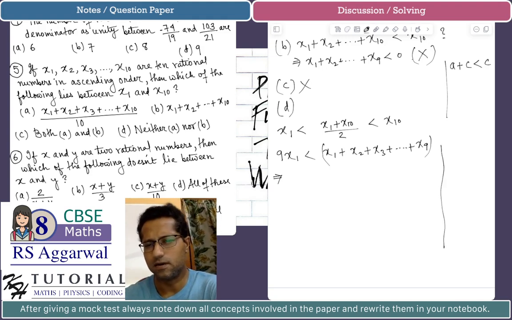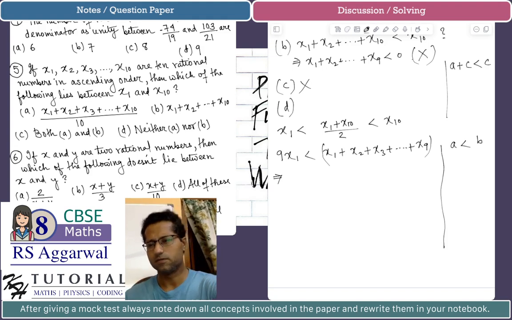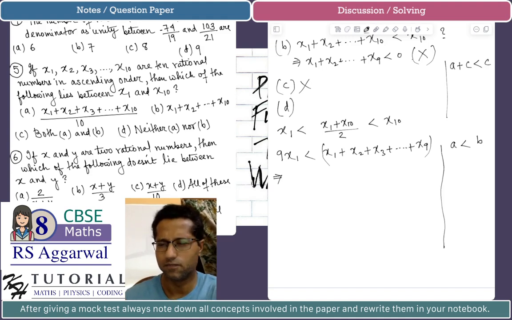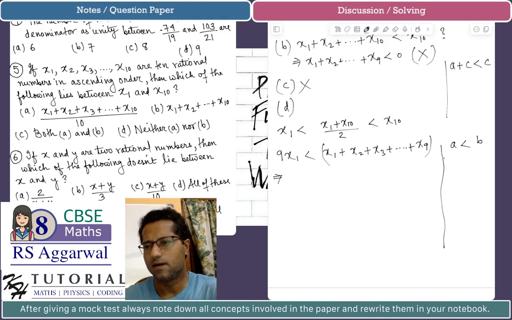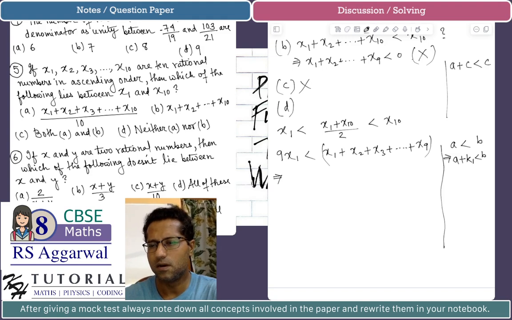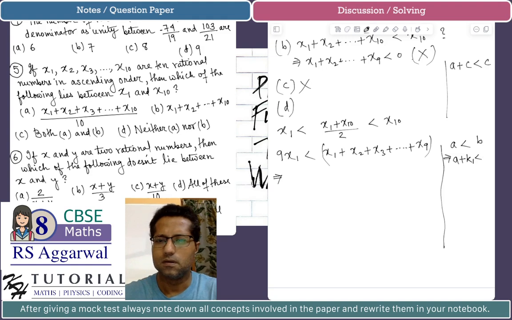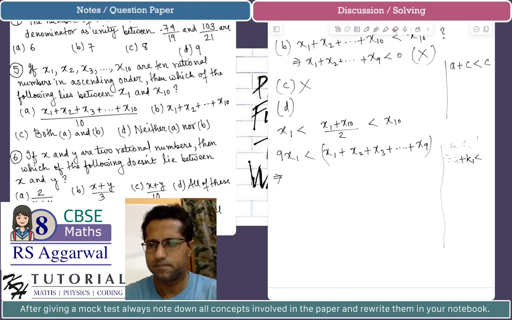So let's try to understand this thing. If you have a less than b for some numbers, it could be rational numbers, integers, whole numbers, whatever, it is given that a and b are some constant numbers. Let me write it clearly.